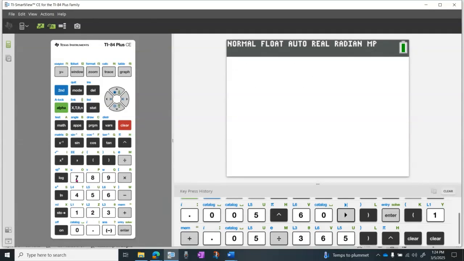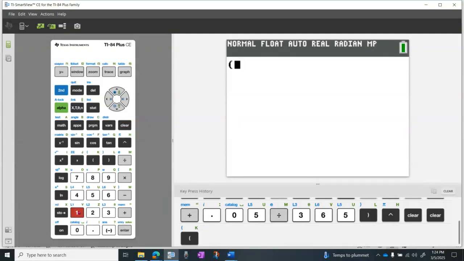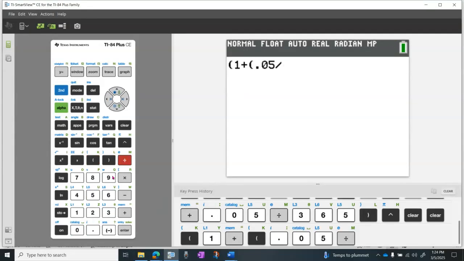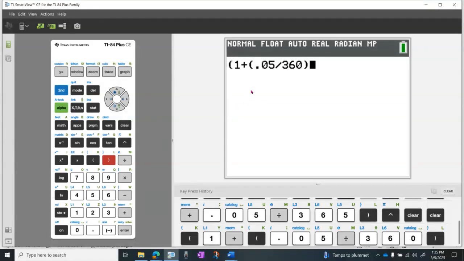Start the parentheses: 1 plus, I actually can get another set of parentheses. Annual interest rate 0.05 divided by 360. In our guided note, it introduced Banker's rule. This is the Banker's rule. It's pretty interesting. I would recommend you read that paragraph to see how smart the bankers are.